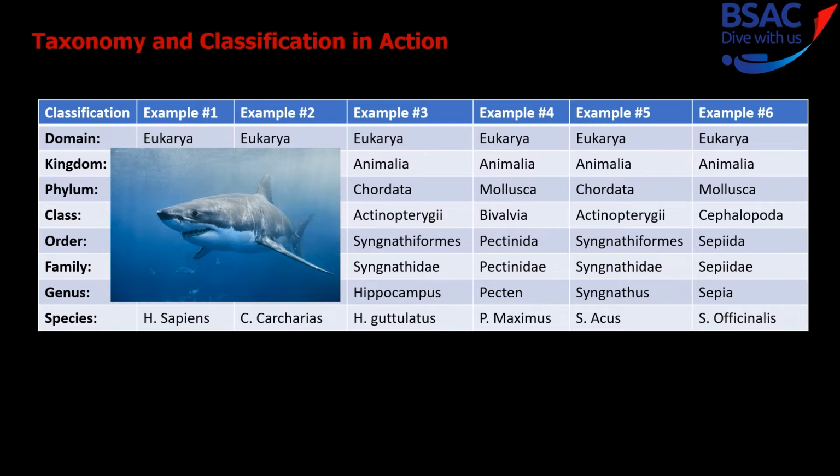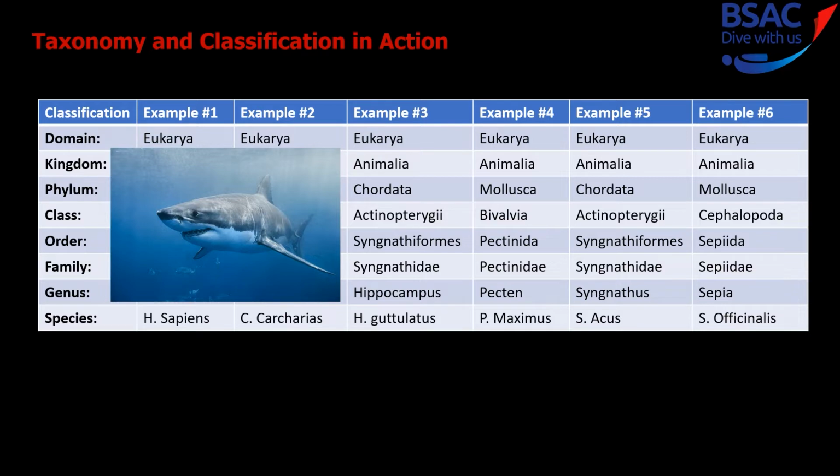Example 3. This species is of the domain Eukarya, and it is in the kingdom of Animalia. The species has a backbone as it is in the phylum Chordata. It has a class Actinopterygii, which basically means it's a ray-finned fish and not a lobe-finned fish.